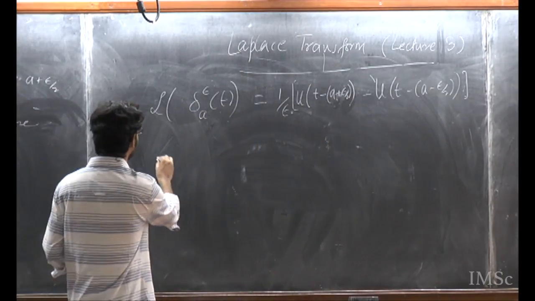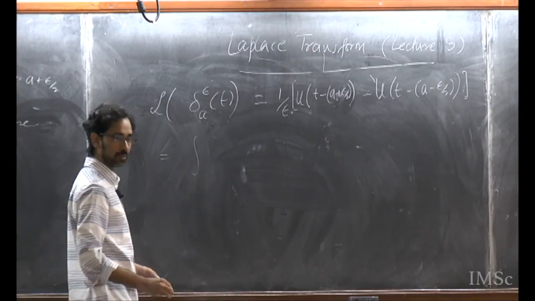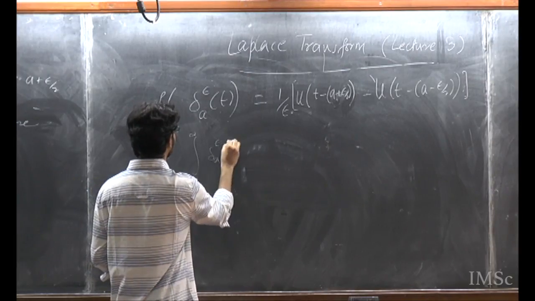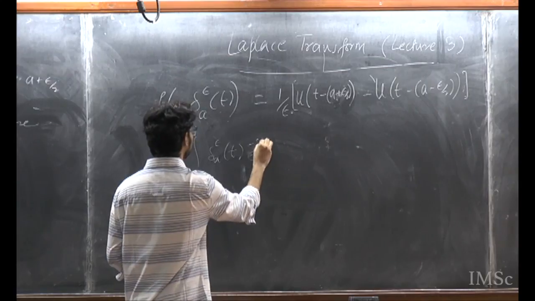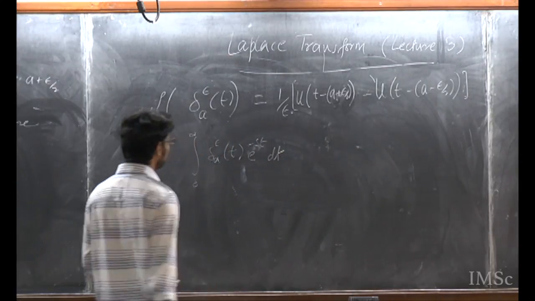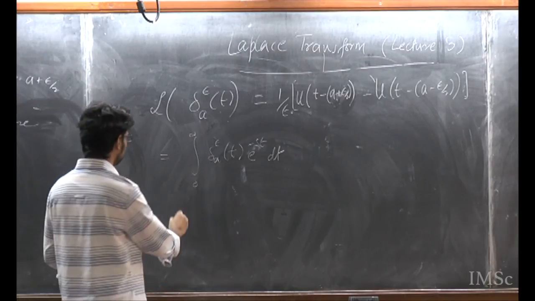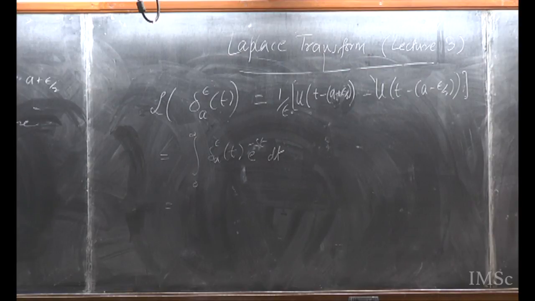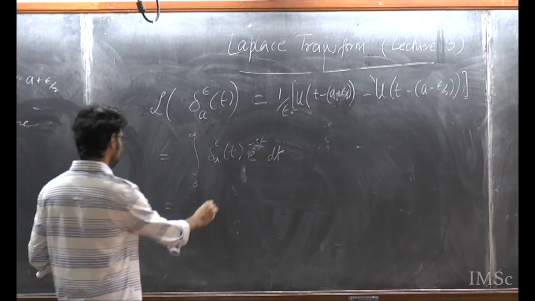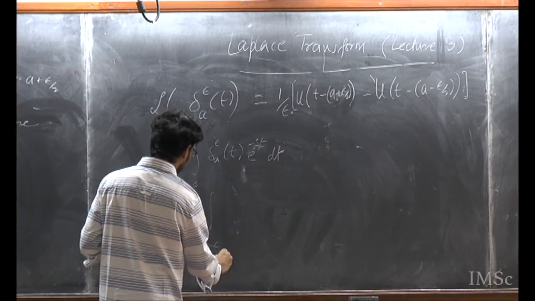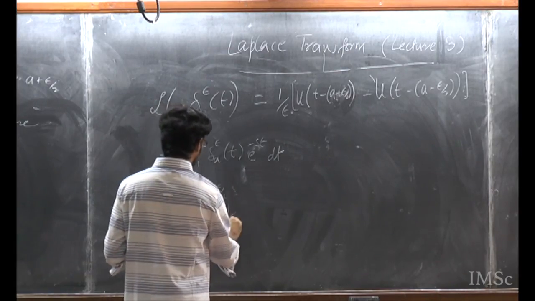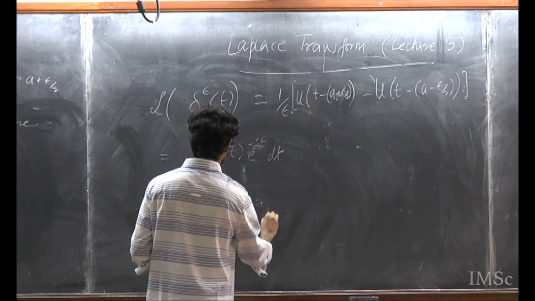So you are saying that you just use the formula: the integral from 0 to infinity of delta a epsilon t times e to the minus st dt. This only gives you a contribution in this interval, and all other things become 0. So you get the integral from a minus epsilon by 2 to a plus epsilon by 2 of 1 by epsilon times e to the minus st dt.